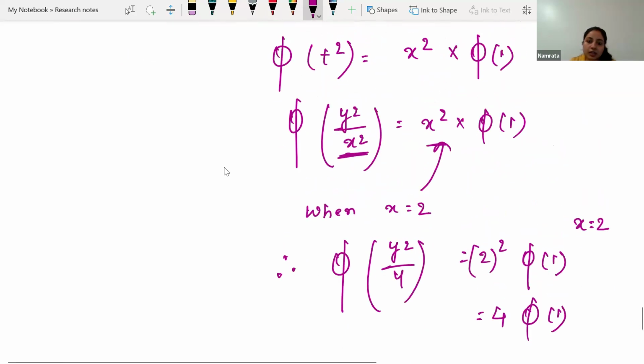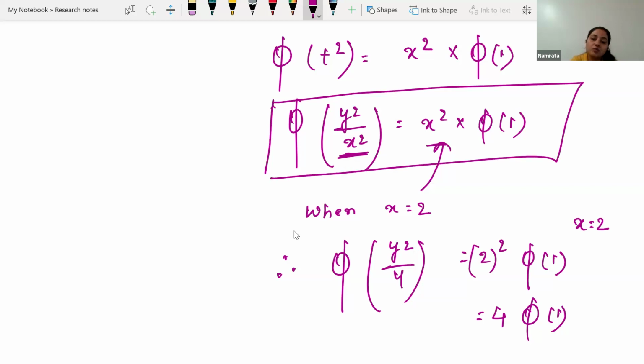In the question it is asked to find the value of phi of y square by 4. So we think that phi of y square by x square we have in hand, how to find y square by 4? That indicates that we need to take x equal to 2 over here. And once we have taken x equal to 2, we got our answer 4 phi of 1 as one of the options. Is it clear?